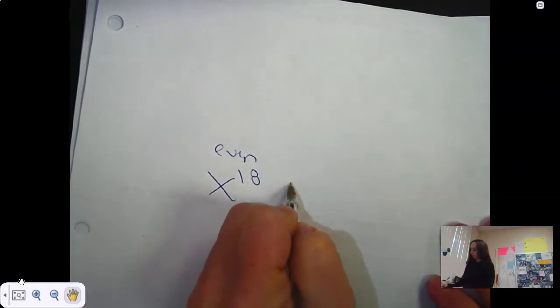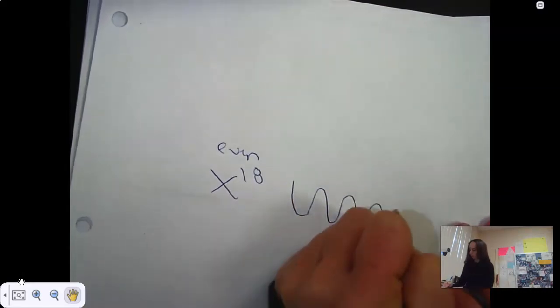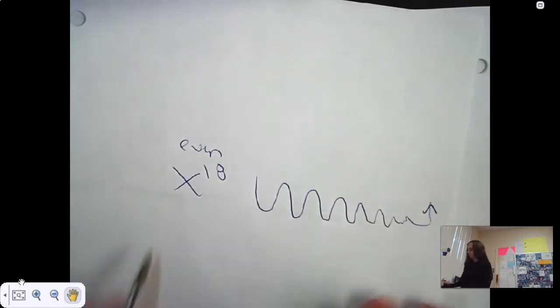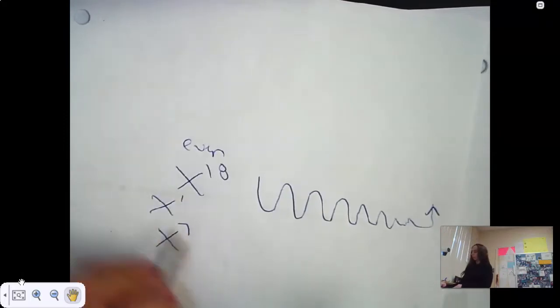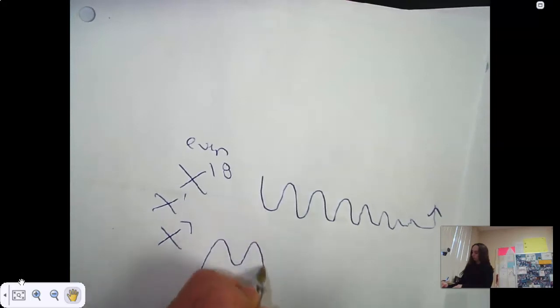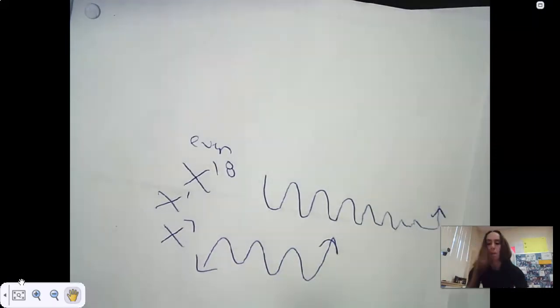A U starts here, and I go 1, 2, 3, 4, 5, 6, 7, 8, 9, 10, 11, 12, all the way to 18, and it would end up going up there. If I have x to the 7th, that's odd, which reminds me of x to the 1st. If I'm making a line, I start down here: 1, 2, 3, 4, 5, 6, 7. And if you look, it works out.